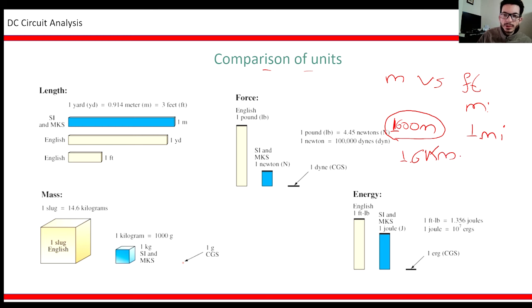So when we compare units, we need to know what the basic rate of change is.